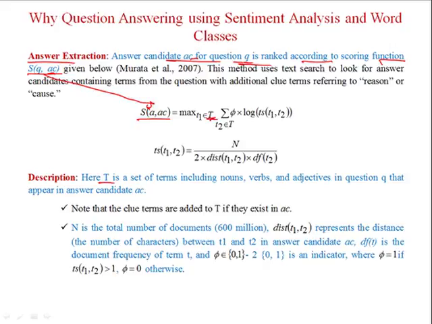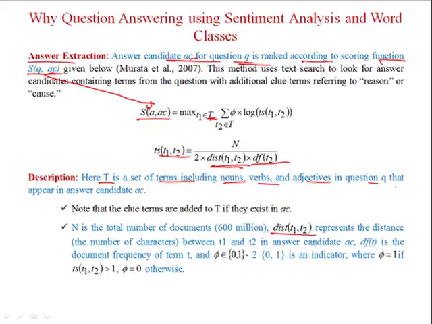Here T represents the set of terms including noun, verb, adjective in the given question. So T1 belongs to T, and for all T2 belongs to T, phi times log of TS(T1, T2), where TS(T1, T2) can be calculated as n divided by 2 times the distance between T1 and T2 times df(T2).